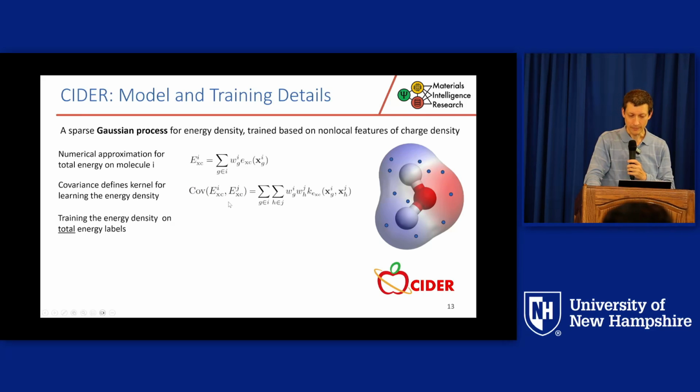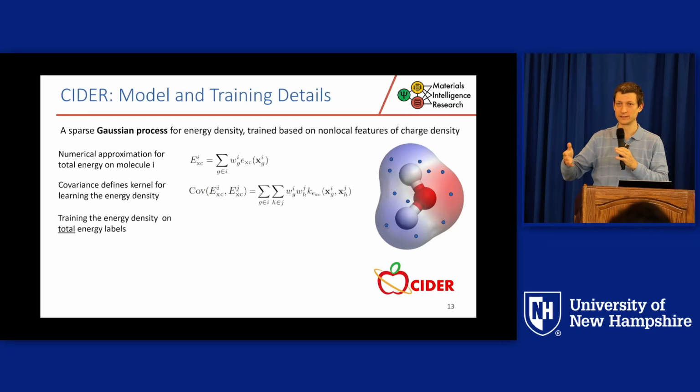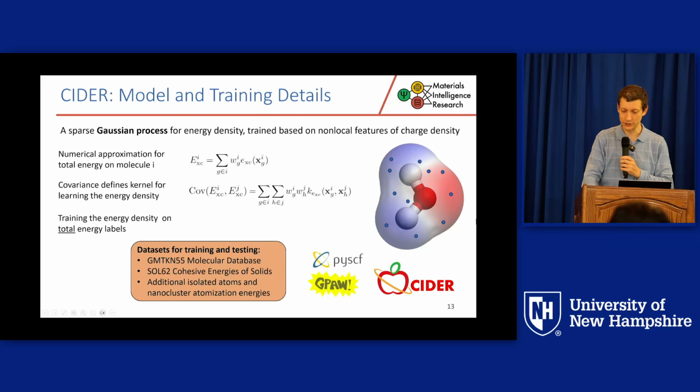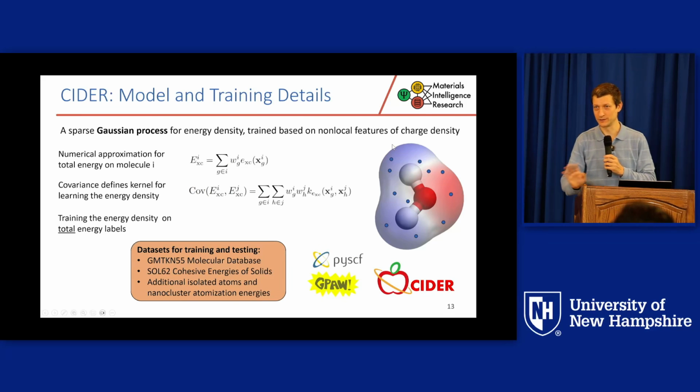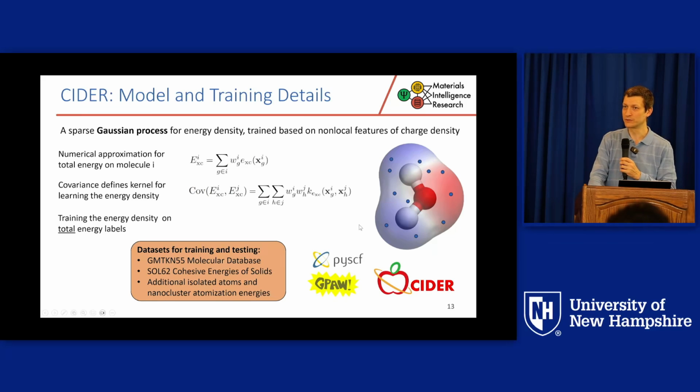What you train this model on, because you don't have any observables per point in your space, there's no observable local decomposition, is the total energies of molecules from Hartree-Fock calculations, from some quantum chemistry calculations, even from experiment if you want. So these total energy differences, I should say more precisely, are used for training this.